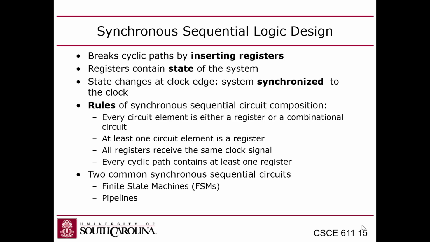We want to replace the instruction that appeared after the branch with a bubble, a no-op, right? We want to cancel it out. Does it make sense? You guys with me on that? I'm assuming you remember some of this stuff from 212.